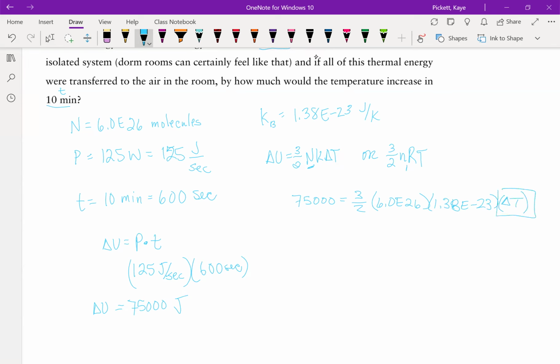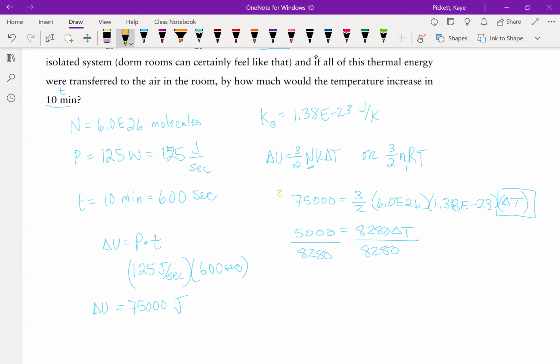So I'm going to multiply both sides by 2/3, and I'm going to get 50,000. And I'm going to multiply those two things together, and I'm going to get 8280 delta T. Divide both sides by 8280. And for those of you watching who are wondering what the heck did she just do?